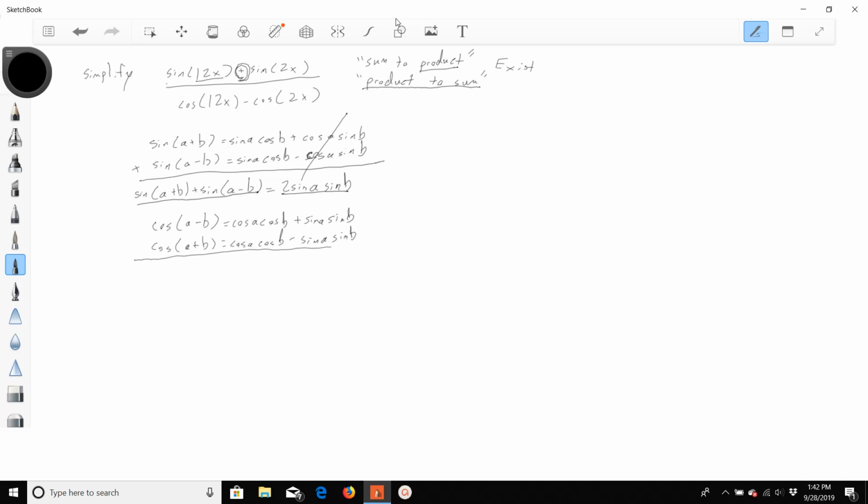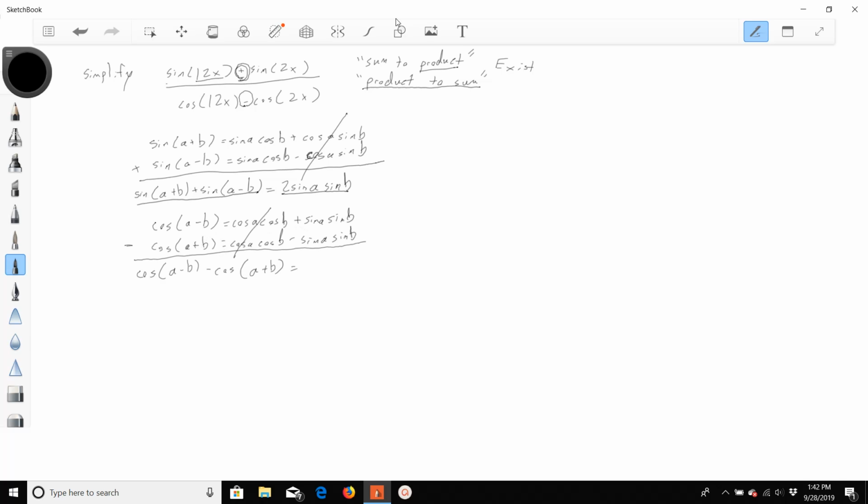And since I am subtracting here, I'm going to subtract these two equations. So I'm going to get cosine of a minus b minus cosine of a plus b is equal to, now since I'm subtracting, these are going to go away since they're the same, and I'm going to get what am I going to get?